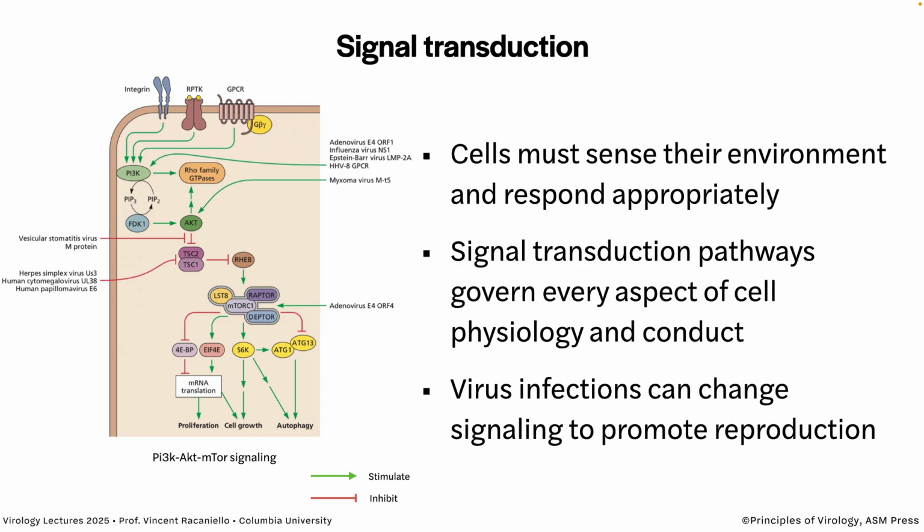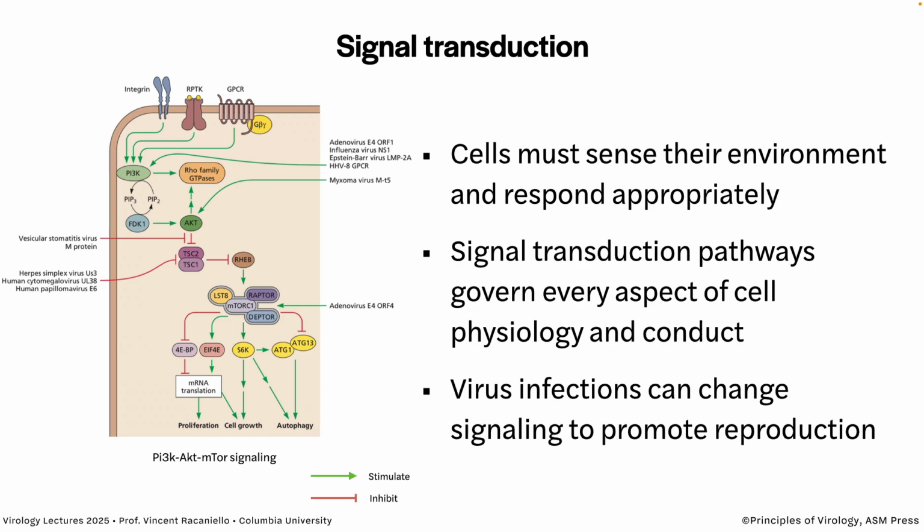Now, viruses can interfere at many of these steps. These are all viral proteins written out here, the usual players: adenovirus, influenza, herpes viruses, etc. Some of them stimulate these pathways. When a virus infects a cell, the ligands for these stimulatory receptors may not be present, so the virus just goes downstream and pushes it so that you get more translation, for example.